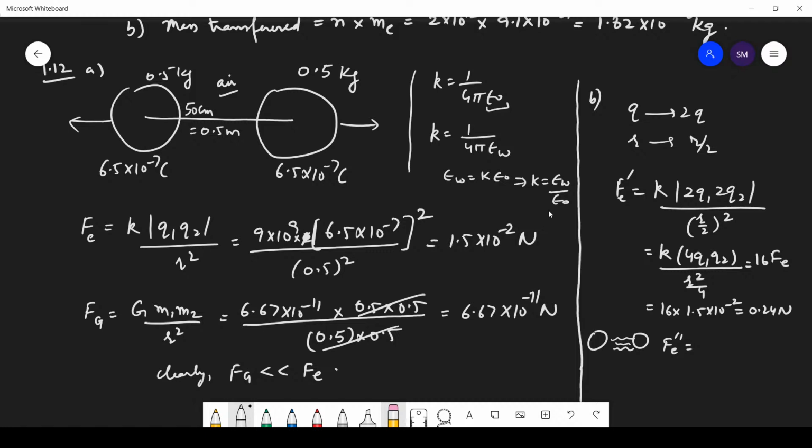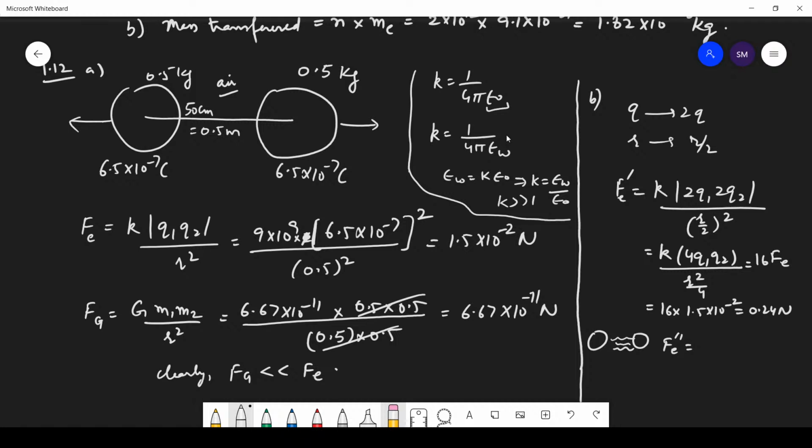For water, this K will always be greater than 1. Here K for water is actually given to us. K is equal to 80.